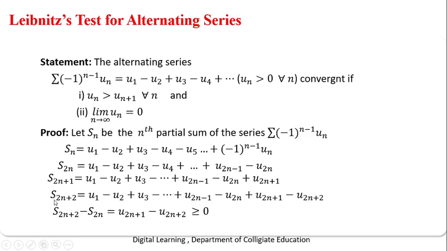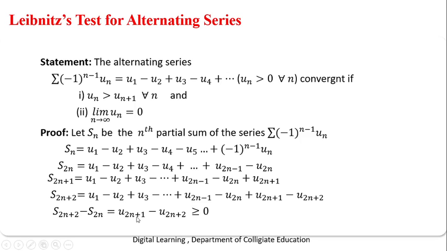Now consider s2n plus 2. s2n plus 2 is nothing but u1 minus u2 plus u3 up to plus u2n plus 1 minus u2n plus 2. Now consider s2n plus 2 minus s2n. Sum to 2n plus 2 terms and sum to 2n is equal to, this will be cancelled.